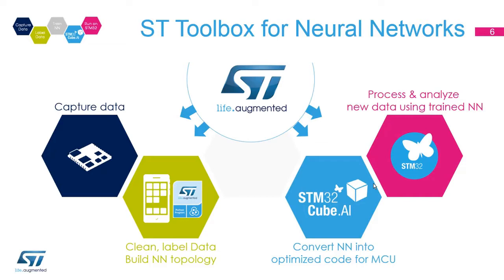You have some hardware, but also some apps on your smartphone to configure the hardware and to use for these data collections. After that, you will use the Cube AI neural network converter. This is what we'll do together. And finally, you will have your application running on STM32 with your artificial intelligence.